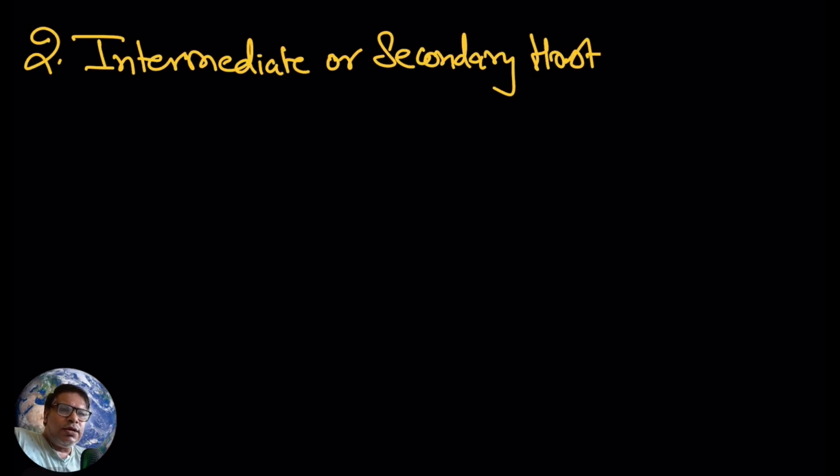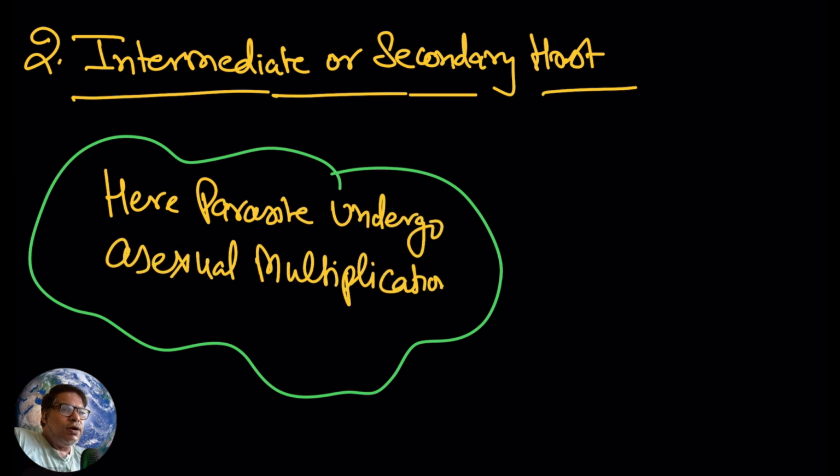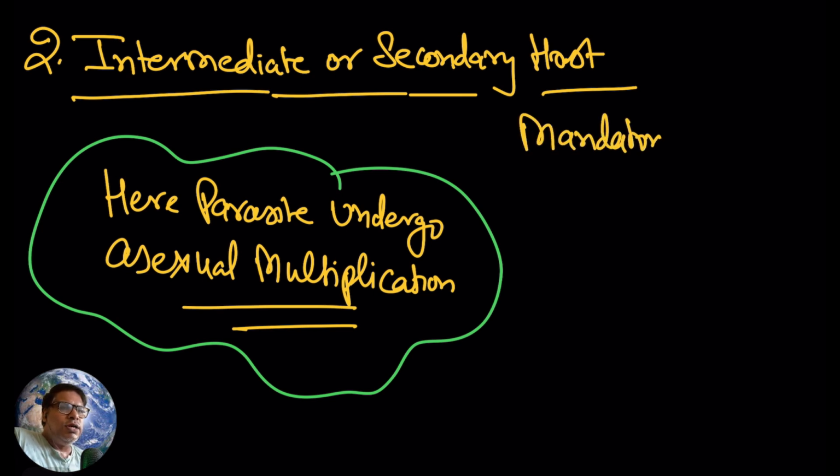Next, in the case of the secondary host, or intermediate host, it's simple. Here the parasite undergoes asexual division, asexual multiplication. So in the primary host, the parasite undergoes sexual reproduction, and in the secondary or intermediate host, the parasite undergoes asexual division.